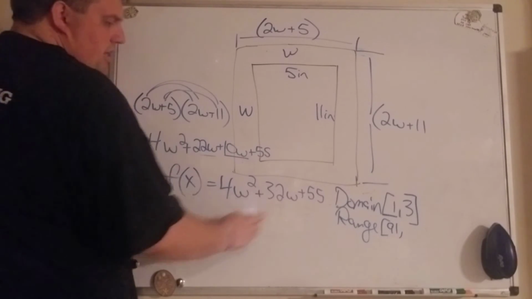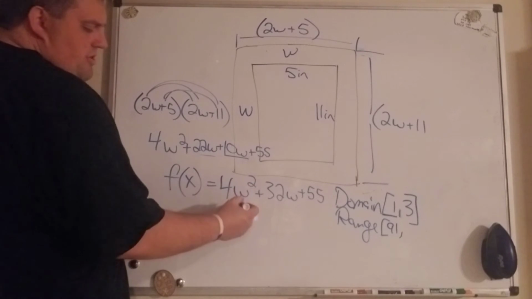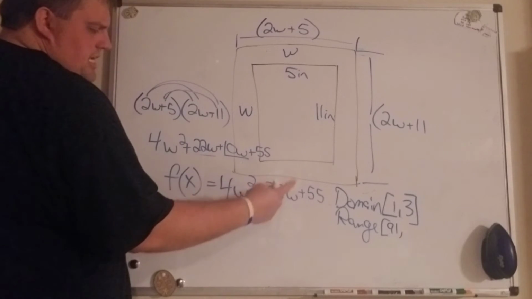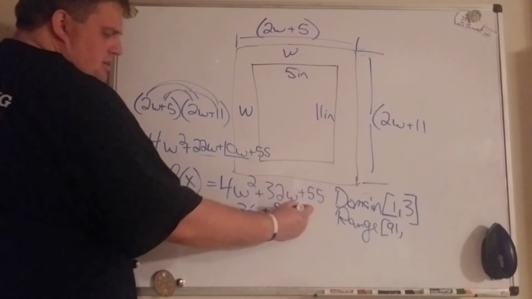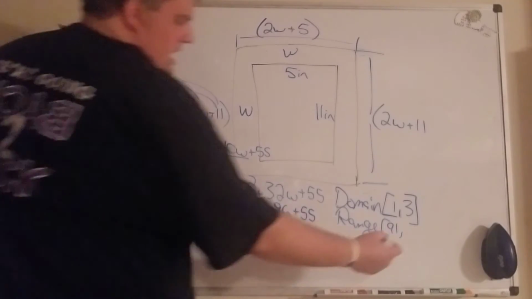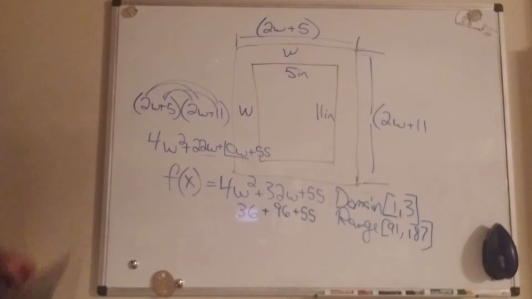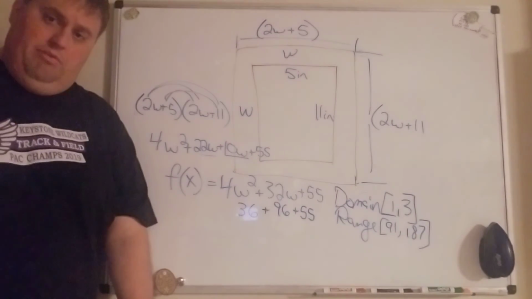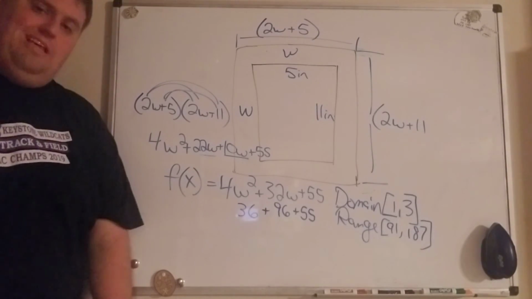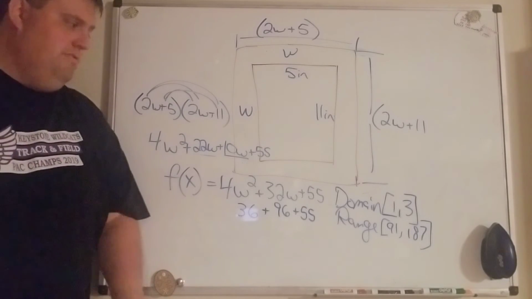And if we plug in 3, 3 squared is 9. 9 times 4 is 36. 3 times 32 is 96. Plus 55, and that's going to give me 187 square inches. So our domain is 1 to 3 on W, and we get a range anywhere from 91 square inches to 187 square inches. I just plugged our numbers into the function.